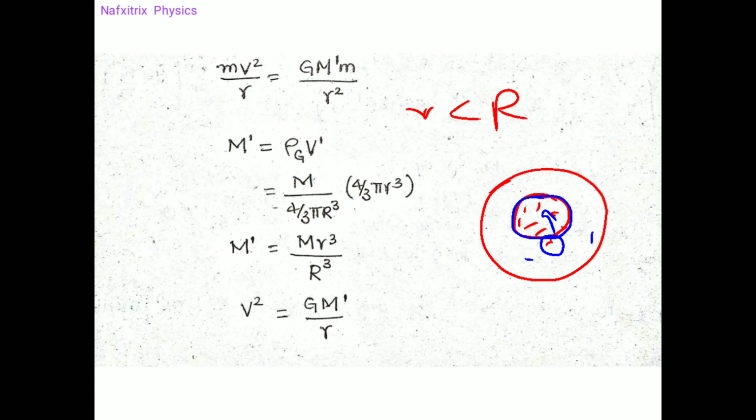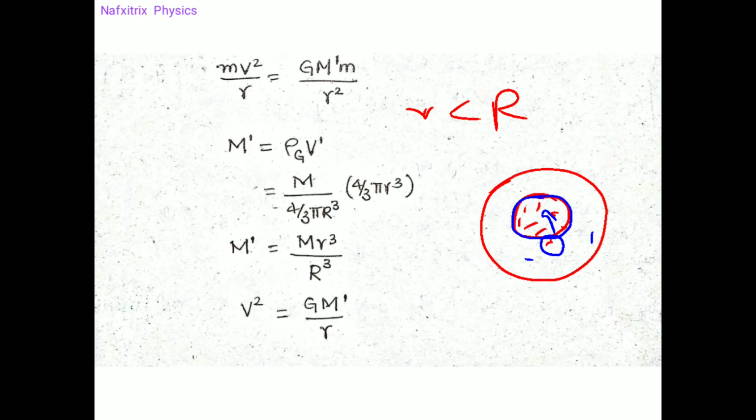It is just like a uniform mass distribution. It is just like gravity acting on a body outside the earth, or the gravitational pull acting on a body which is moving nearer to the center of the earth.